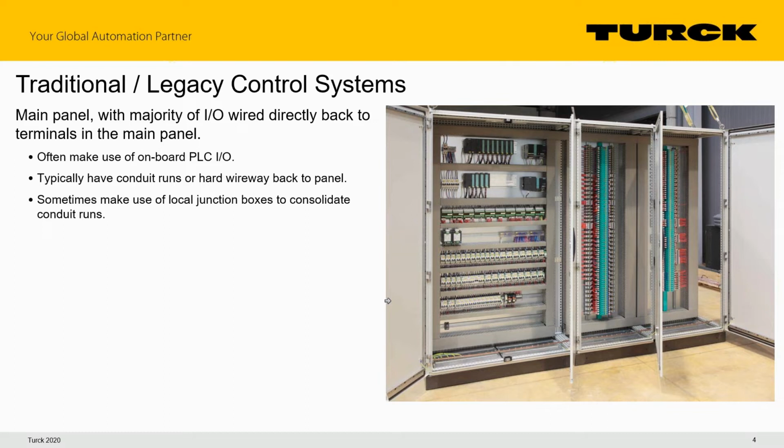And in the true traditional legacy control system, even though we have remote junction panels, those are really just localized wiring points. All of those wires are directly wired back to the main panel. So we're not using networks across the production area.